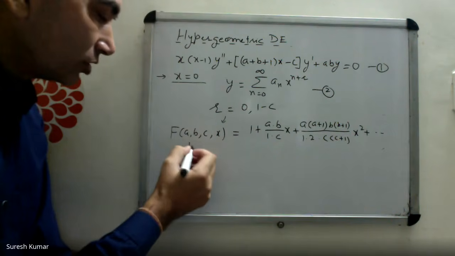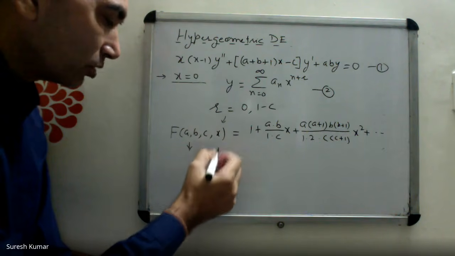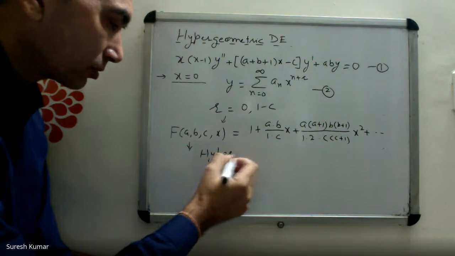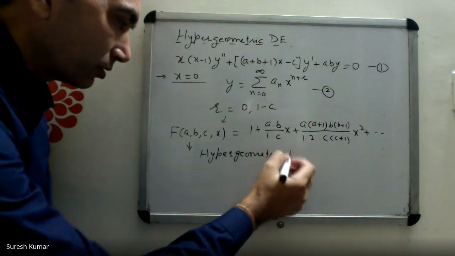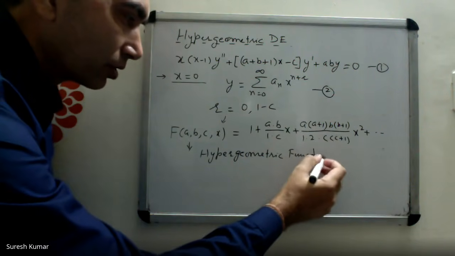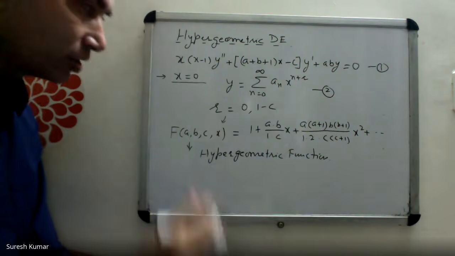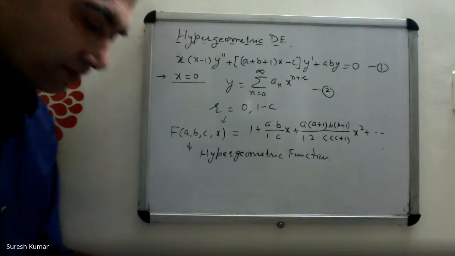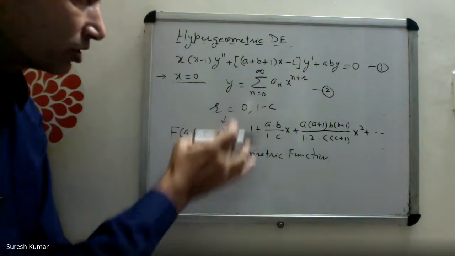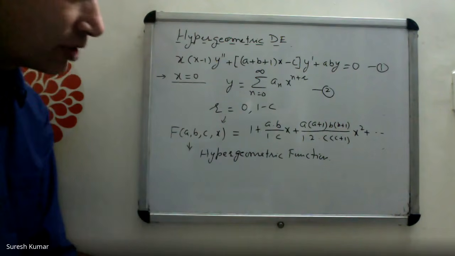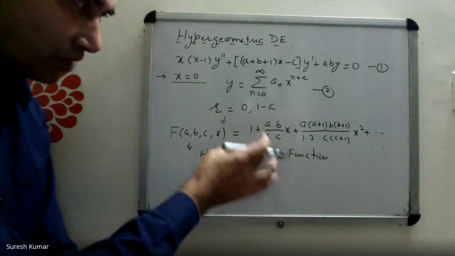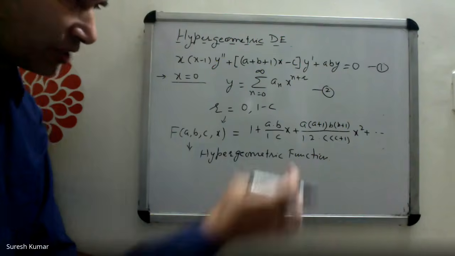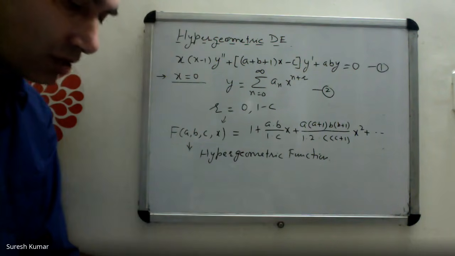We call this function the hypergeometric function. So you can say that the hypergeometric function is this series, and it is a particular solution of differential equation 1. This is the definition of the hypergeometric function.